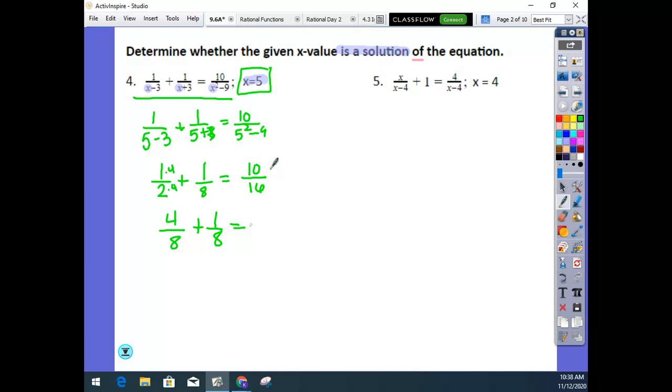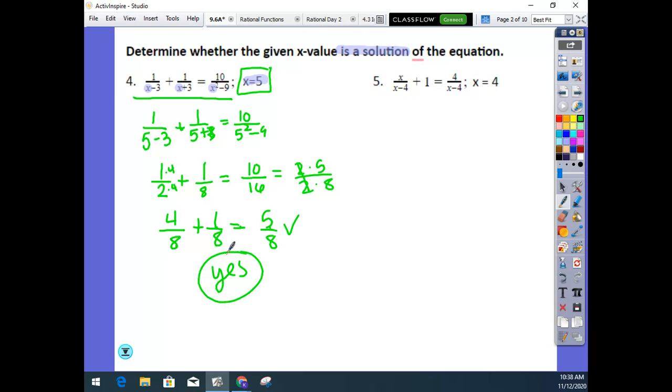And I can reduce, because this is 2 times 5, 2 times 8. The 2's cancel. So is 4/8 plus 1/8 equal to 5/8? Yes. 5 is a solution to this equation because it makes the equation true.